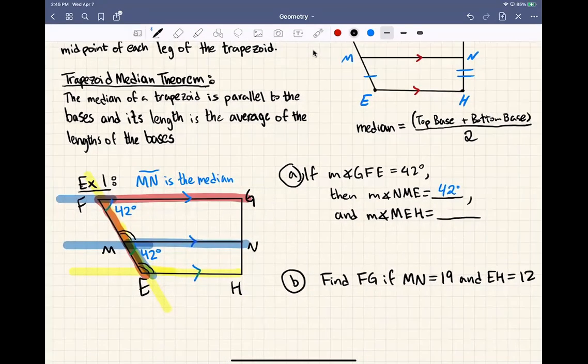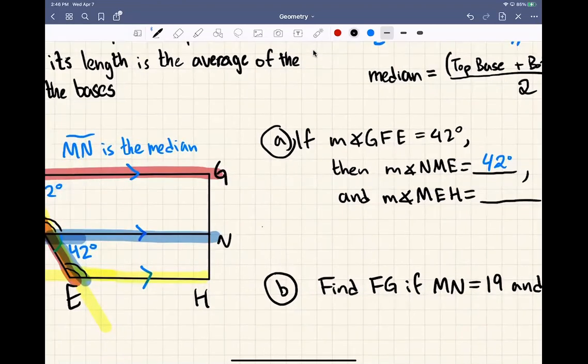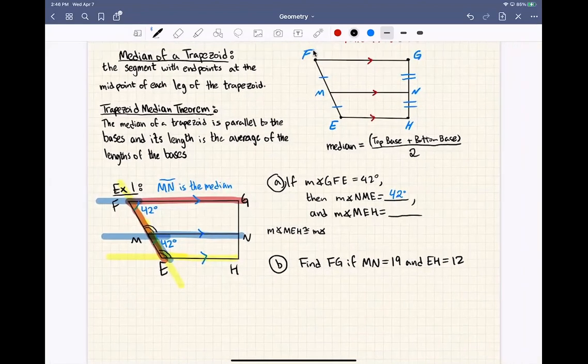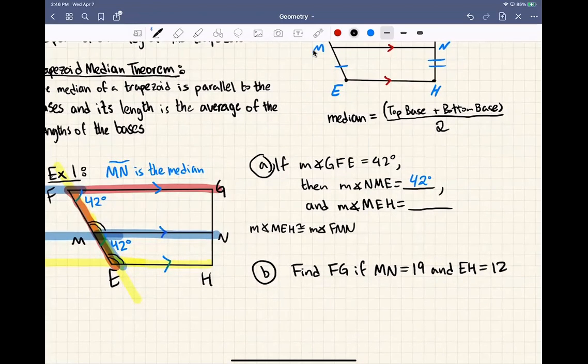Because this angle here, FMN, plus 42 equals a straight line, we know the following. The measure of angle MEH is congruent to the measure of angle FMN. And we know that the measure of angle FMN plus 42 equals 180.